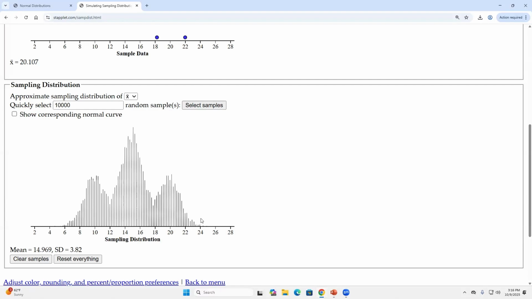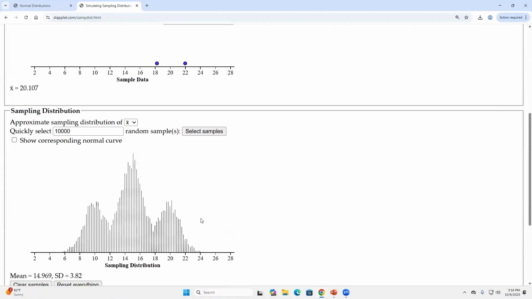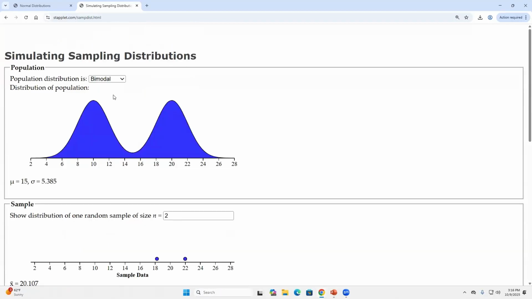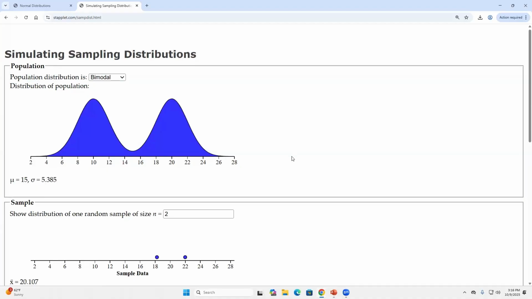So this kind of surprised me. Hopefully this will help you remember that your sampling distribution, your distribution of the means of the samples that you've taken, is a completely different thing than your population distribution.